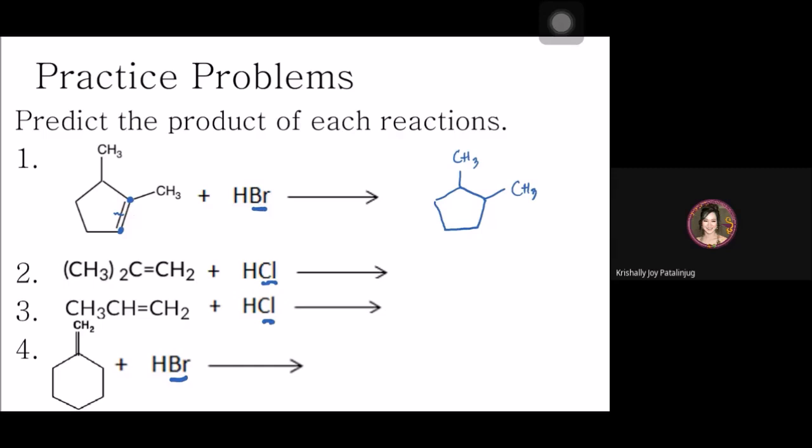So where does the H plus go? Question, where does the H plus go? Is it to carbon letter A or carbon letter B? What do you think?